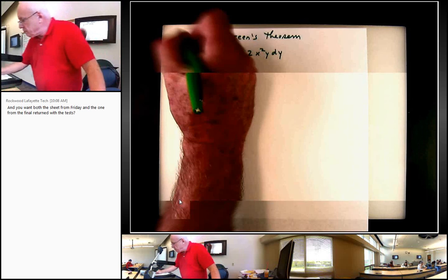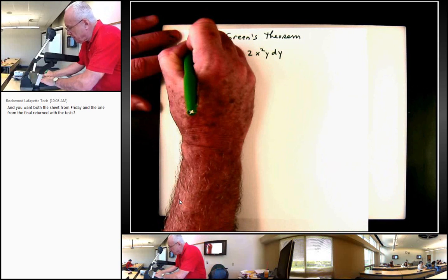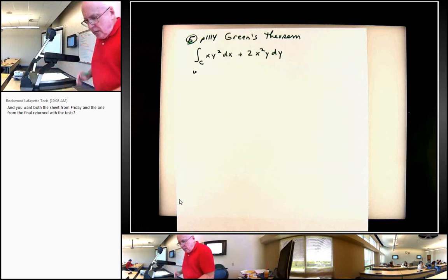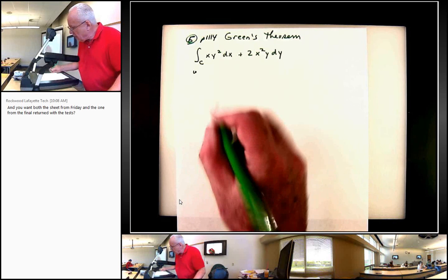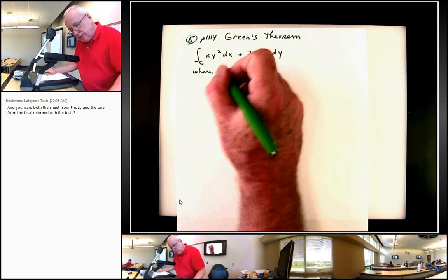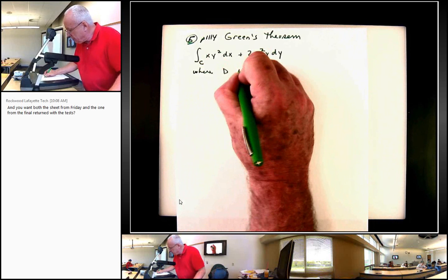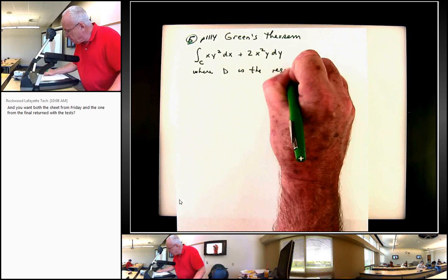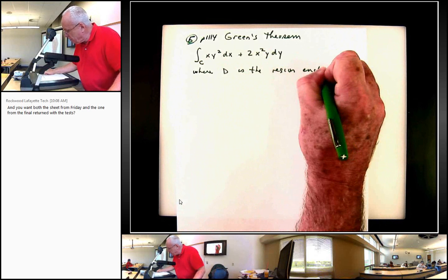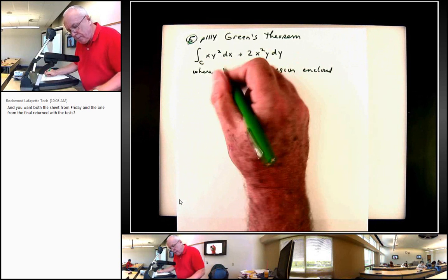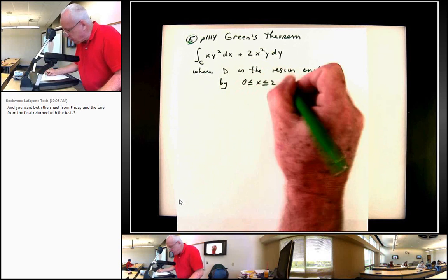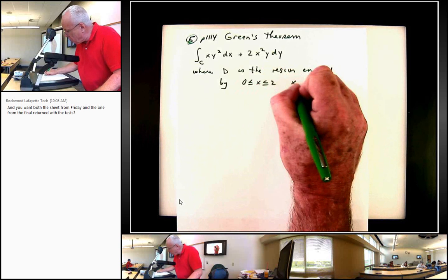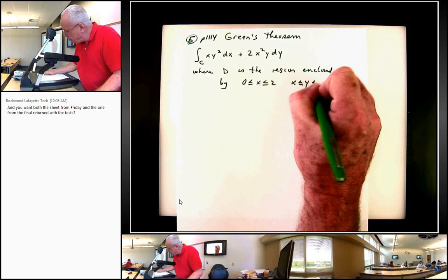Let's see where D is the region enclosed, I'm going to write it like this, by x going from 0 to 2 and y going from x to 2x.